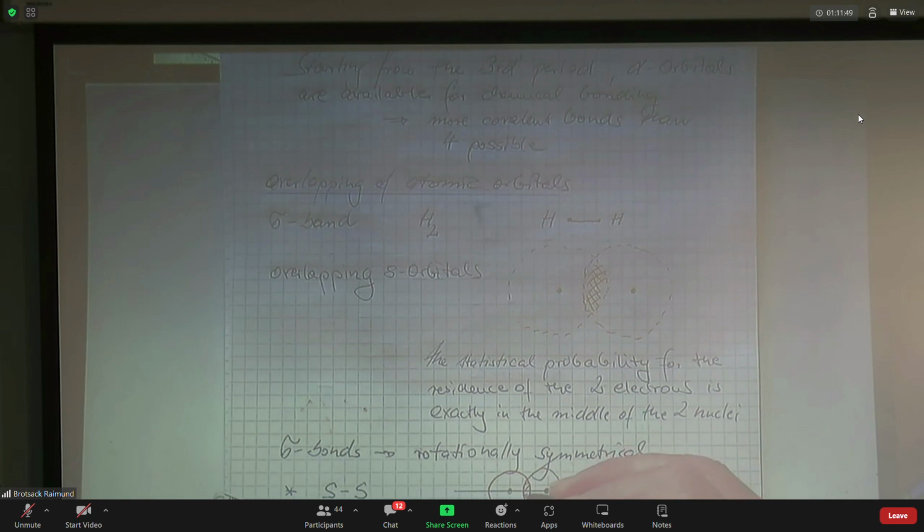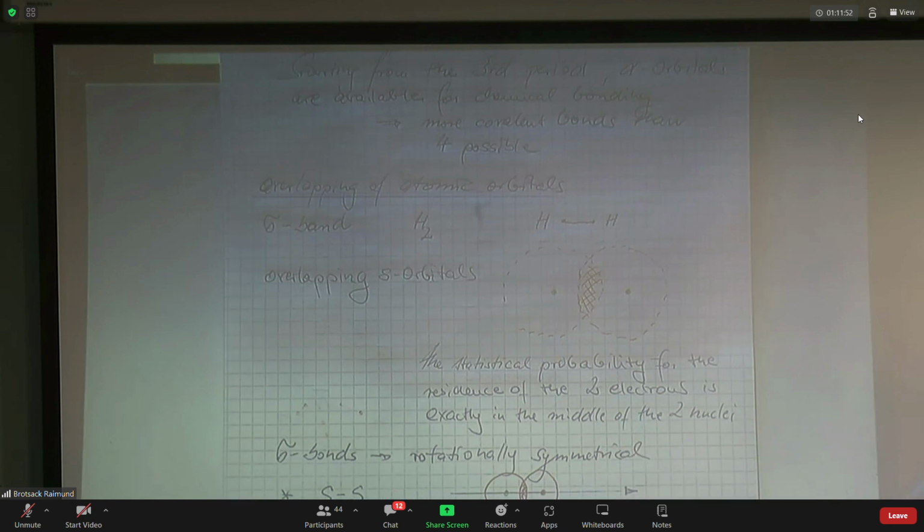And we can rotate and nothing happens. And this is our x-axis. So they are on the same axis and we can rotate without any change in the bond.